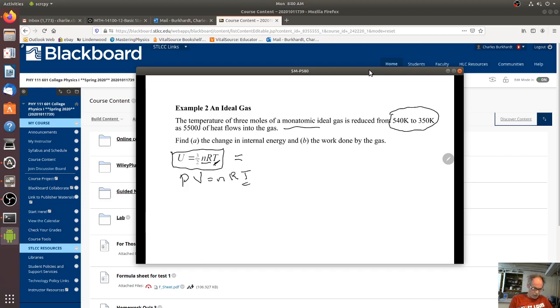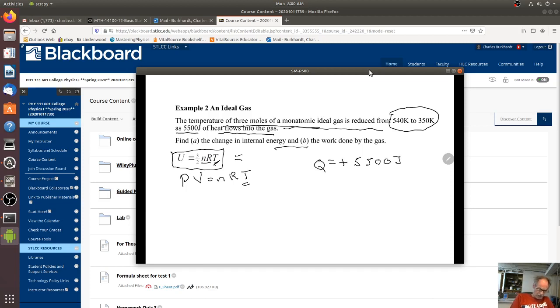Absolute temperature. Okay, find the change in internal energy done by the gas. The temperature of 3 moles is reduced from that to that as 5,500 joules of heat flows into the gas. So Q is equal to, heat is added to the gas, so it's equal to 5,500 joules.